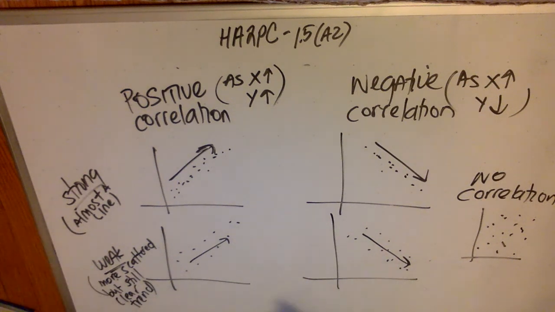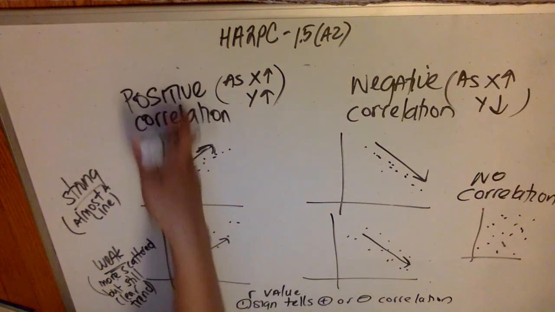The way we do that is what's called an R value. A perfect correlation, something completely and totally perfect, is a positive correlation. With the R value, number one, the sign tells you positive or negative correlation. If the R value is a positive 0.7, we're talking positive correlation.